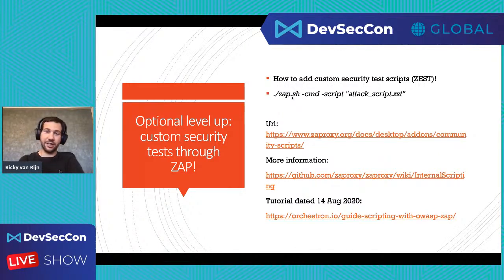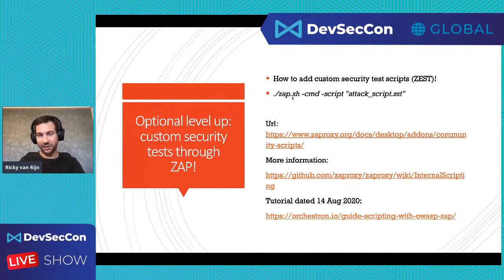So I would say go to the URLs which I provided right here. There are some community scripts which are available, sort of boilerplate templates which you can use. Also more on the internal scripting GitHub page of ZAP Proxy.